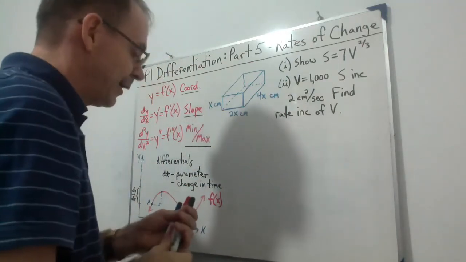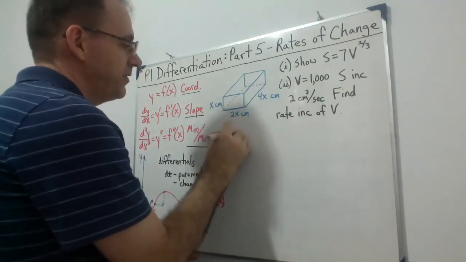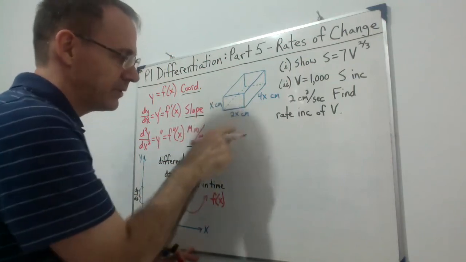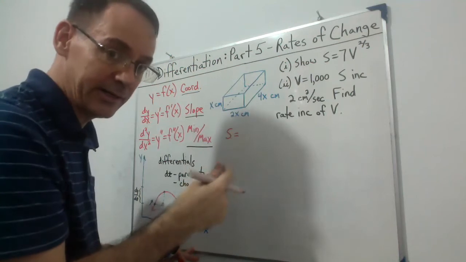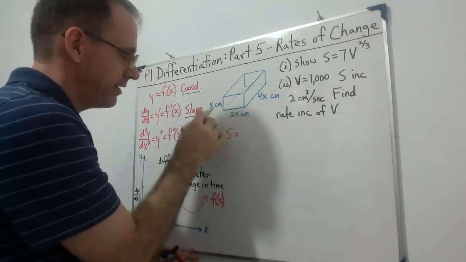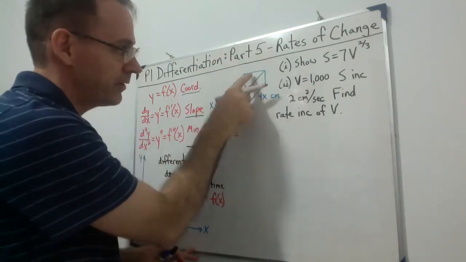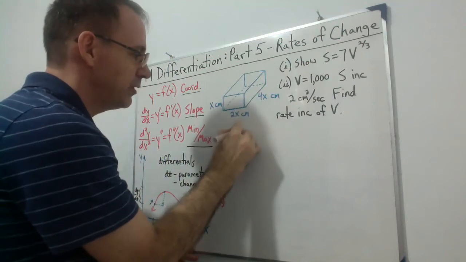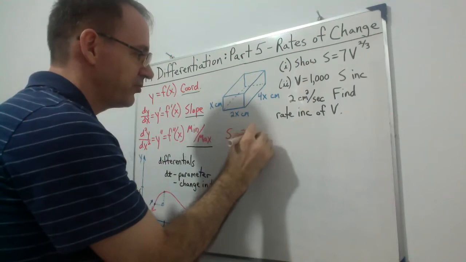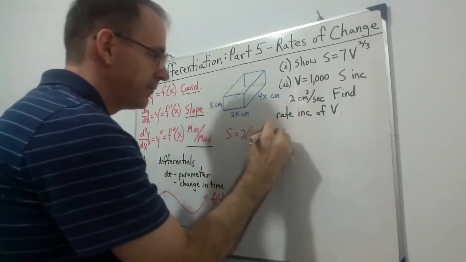So we'll start with surface area. Okay, so our surface area is going to be, well, the front panel, remember it's area, surface area, so it's just height times width here. And there's a front one and a back one. So there's two panels that are x times 2x, or 2x squared. So that gives the front and the back.